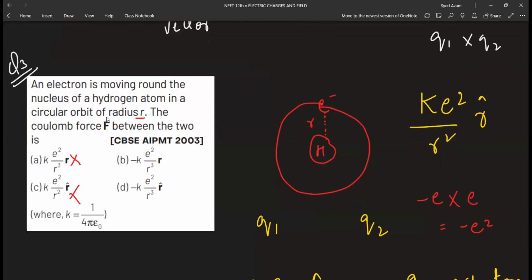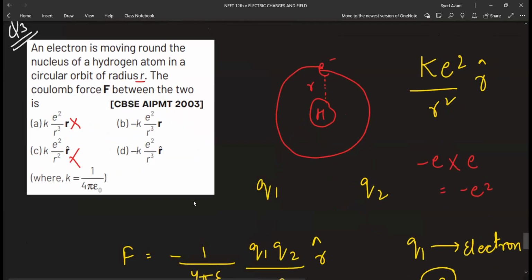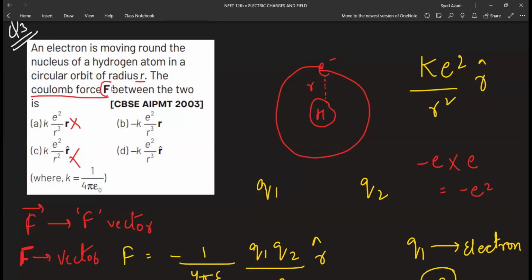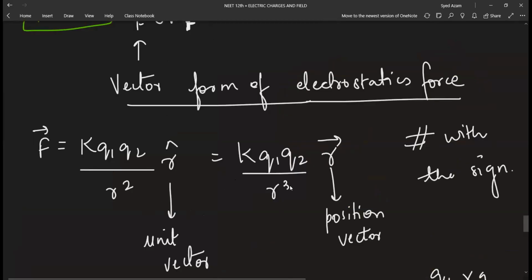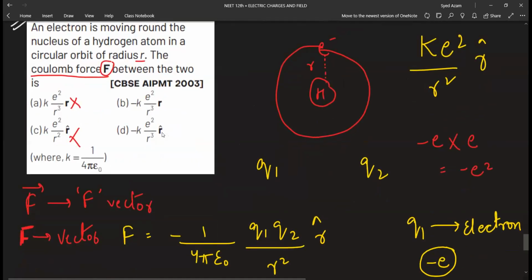When Coulombic force F is given in bold, it has a single meaning but can be written in two ways: the F vector with an arrow, or in bold. This is also the vector only. So the question is asking for the Coulombic force F with this symbol, meaning the vector is written. When it is a vector, we have to include the signs also, so these two options are incorrect. Now let us check between these. When you have a unit vector, see, this is the unit vector.